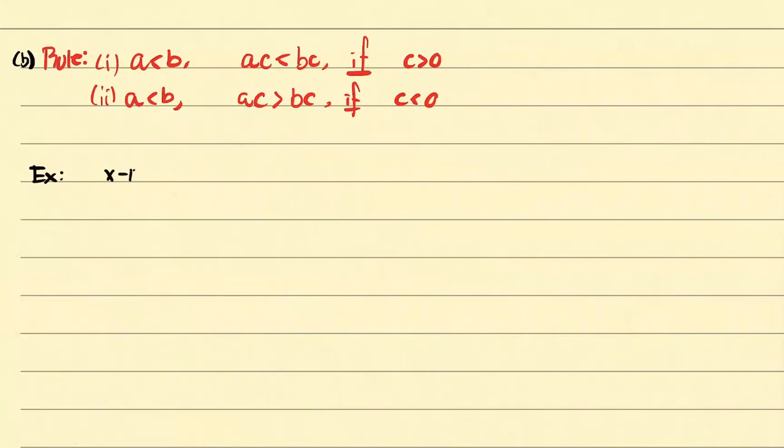I know x minus 11 is less than 26. So let's find the range right here. In order to solve for this, I want to get x alone, just like a regular equation. So I'm going to add 11 to both sides. So do I need to flip this inequality at all?